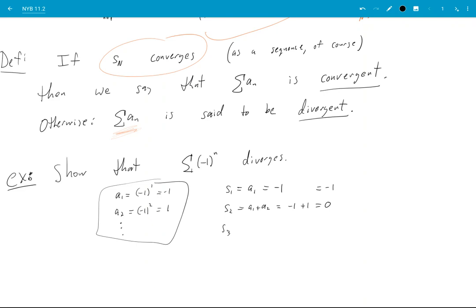S3 is equal to a1 plus a2 plus a3, which is going to equal negative 1 again. So it looks like S16 is going to equal 0, because it's even, and S177 is going to equal negative 1.